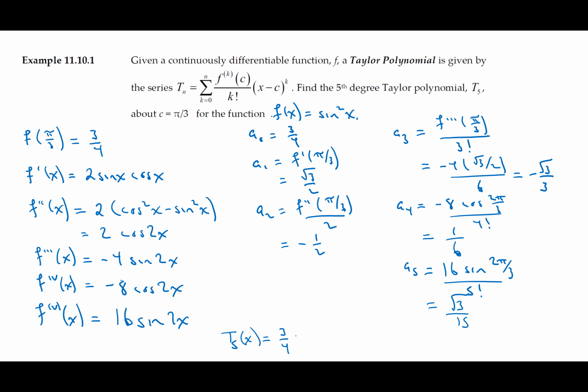And so 3/4 plus root 3 over 2 (x minus pi thirds) minus 1/2 (x minus pi thirds) squared minus root 3 over 3 (x minus pi thirds) cubed plus 1/6 (x minus pi thirds) to the 4th plus root 3 over 15 (x minus pi thirds) to the 5th.